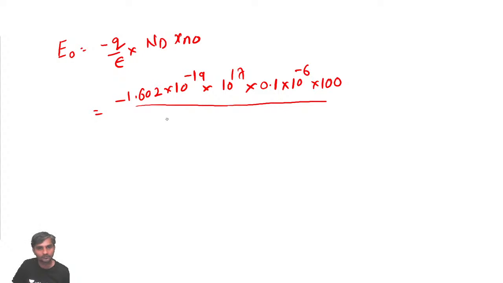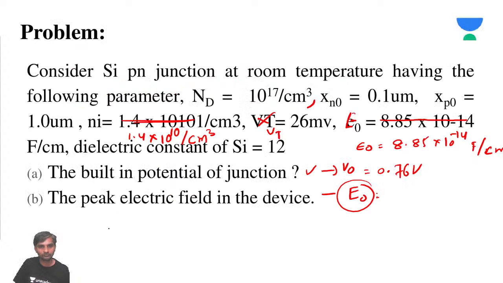Divided by 12, which is the multiplication factor: 12 into 8.85 into 10 to the power of minus 14. Epsilon naught is given anyway, but the dielectric constant factor is also given, 12.